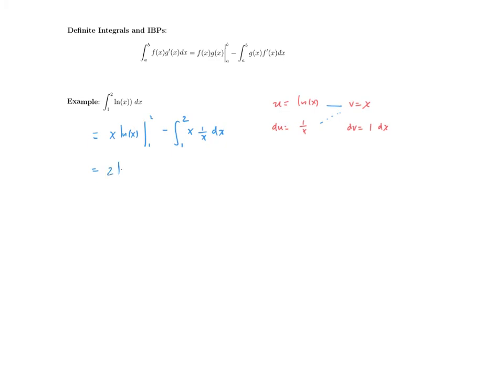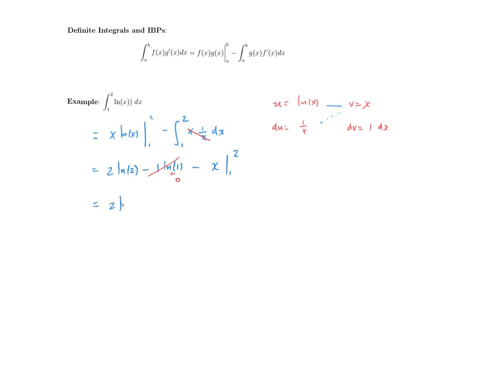So we would have 2 ln 2 minus 1 ln 1, minus, when we evaluate the remaining integral, the antiderivative of 1 is x, and we need to evaluate that from 1 to 2. Now note the natural log of 1 is 0, so this term vanishes.